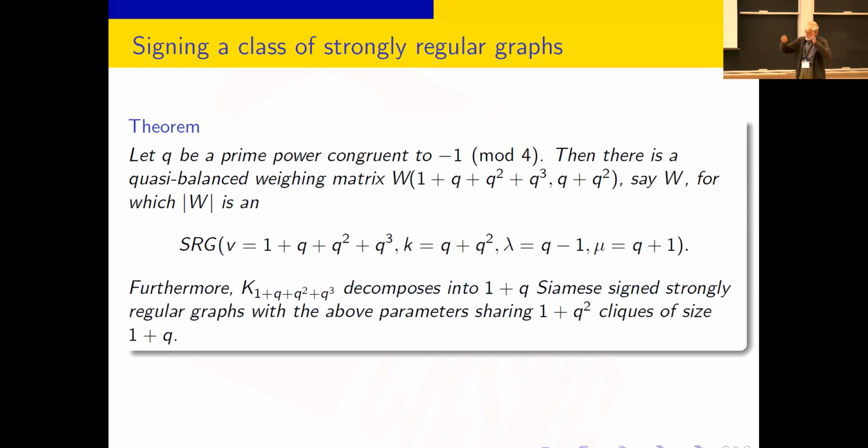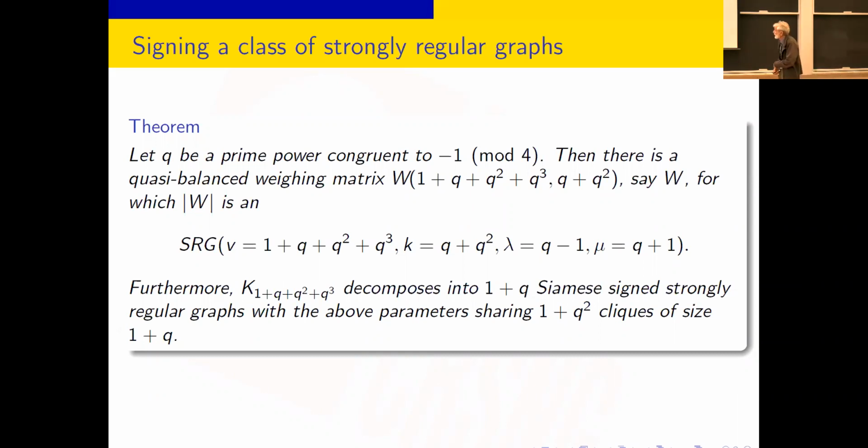When you take the absolute value of all the entries, you get a strongly regular graph with these parameters.